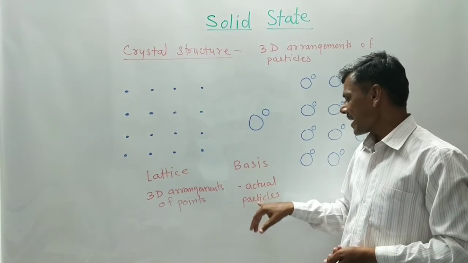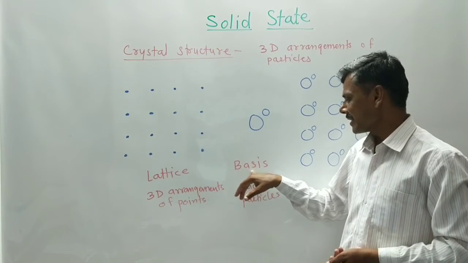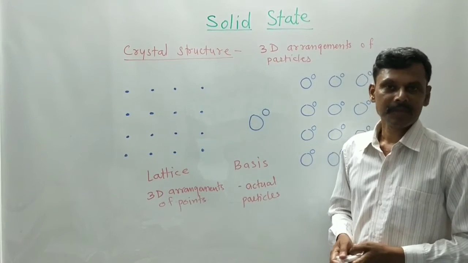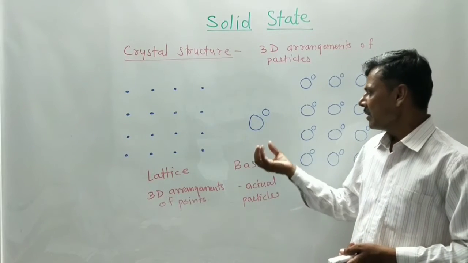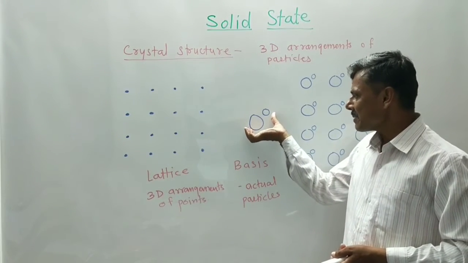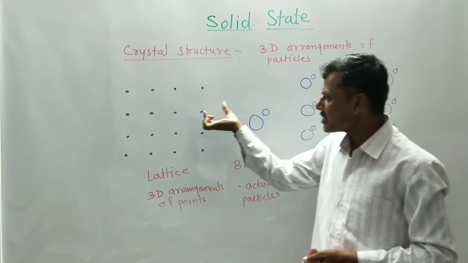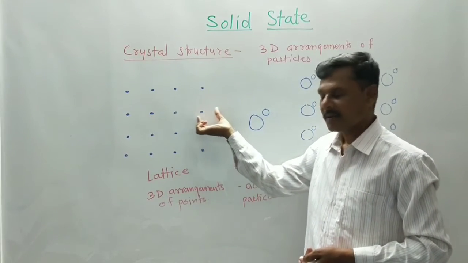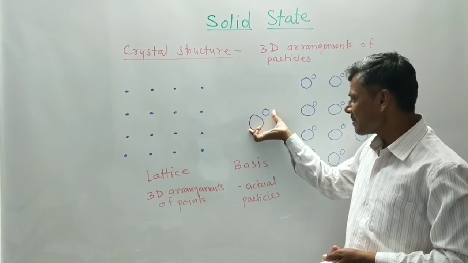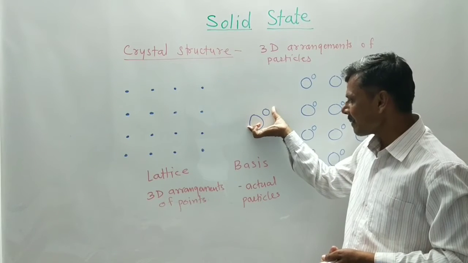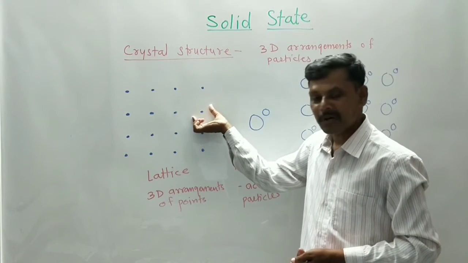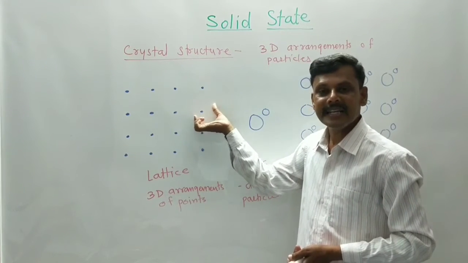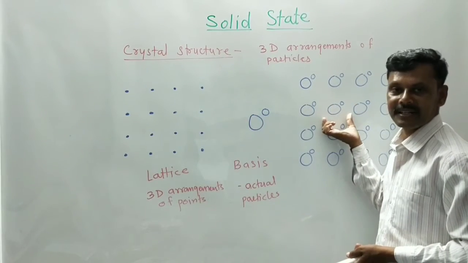So these actual particles are nothing but basis. Now when we put this basis, or the actual particle, on this point, then we get a crystal.